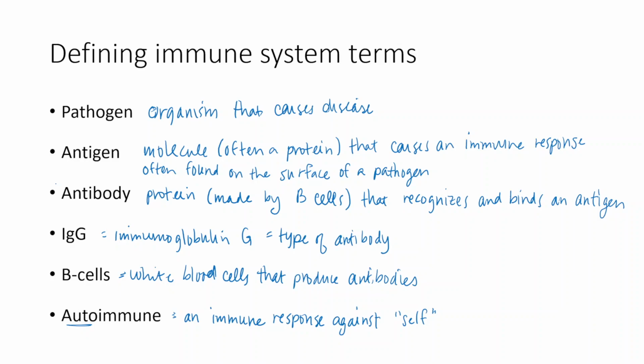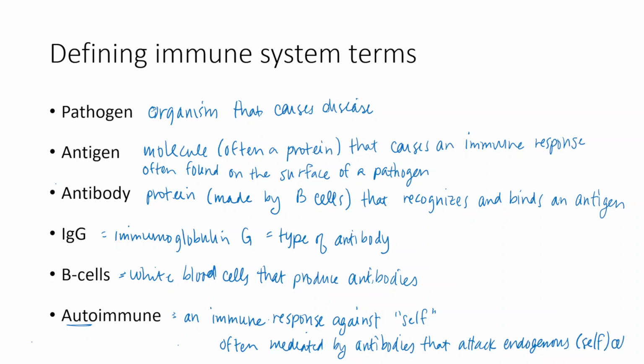It can be mediated by antibodies that recognize yourself. It isn't always, so I'll just say often. So if you have antibodies that attack endogenous or your own cells, that would be an autoimmune response. That's an example of an autoimmune response.